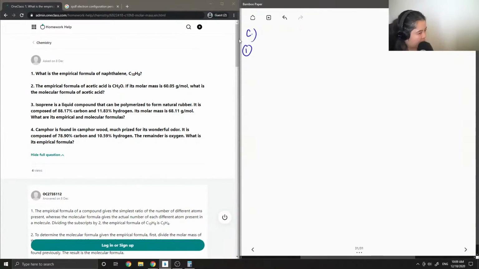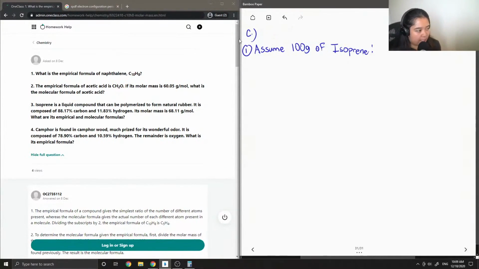So step 1, since they give us the percent composition of the sample, the first thing I like to do is to assume we have 100 grams of a sample of isoprene. This makes it easy for us to convert from percentages to grams.